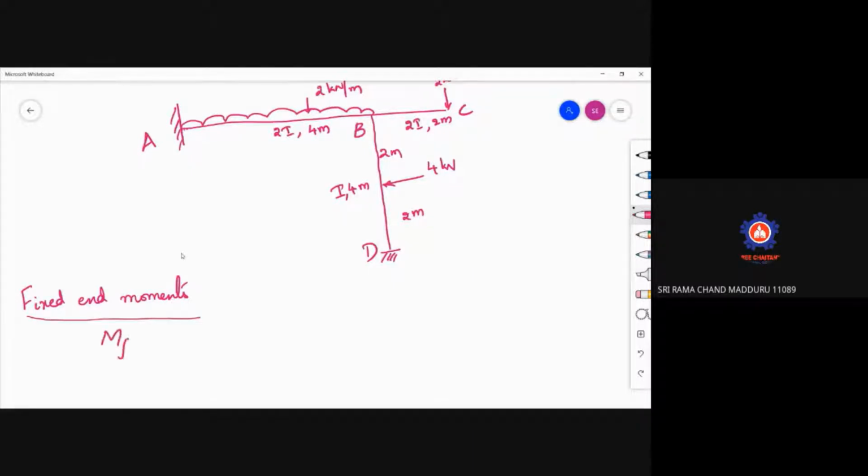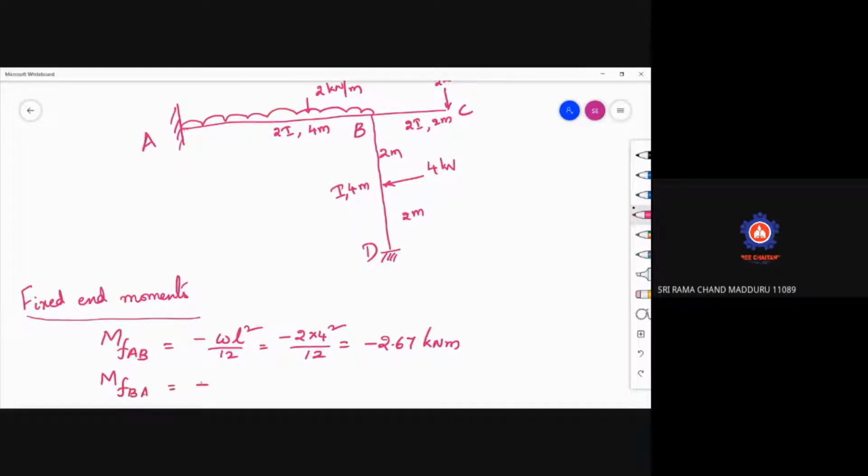MFAB is equal to minus WL squared by 12, as UDL is acting. Minus 2 into 4 squared by 12, which is minus 2.67 kilonewton meter. That is MFAB.